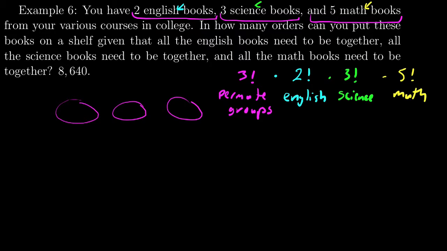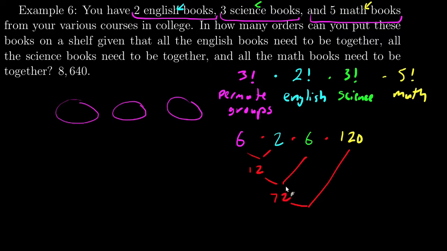So 3 factorial is 6. 2 factorial is 2. 3 factorial is 6. 5 factorial is 120. And when I multiply this all together, I can do 6 times 2 is 12. Times 6 is 72.